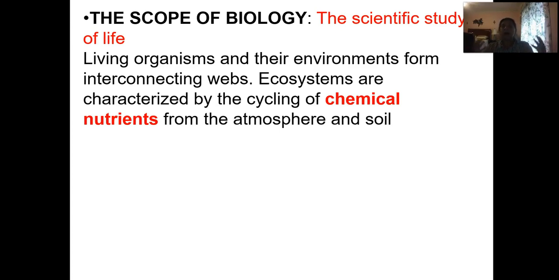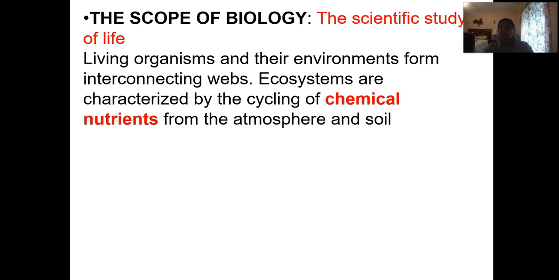When you combine that information together, what you get are ecosystems, which are essentially a series of living and non-living things that are linked to each other in some way so that they can work together in that environment to keep each other alive and also to maintain that environment.